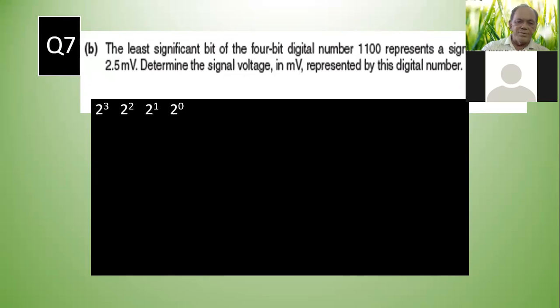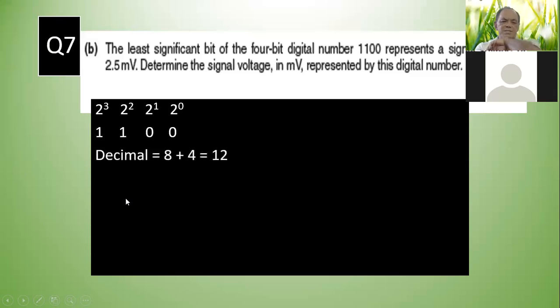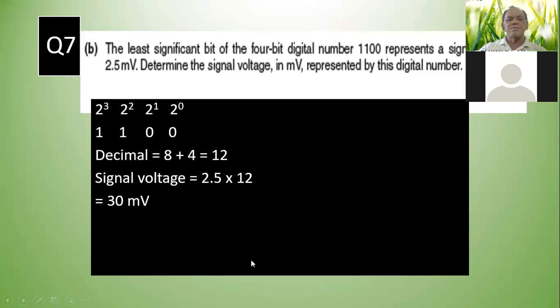If you know this calculator, 1100, we start from 2 to the power 0, to the power 1, to the power 2, to the power 3. So this one is 4, this one is 8. Decimal is 8 and 4 is 12, not 14, 12. So the signal voltage, right, that's the lowest. So if it's 12, you just multiply by 12. So it's 30 millivolts.